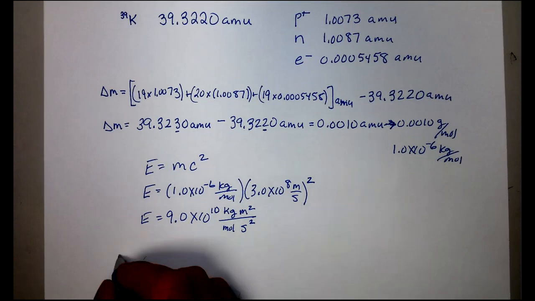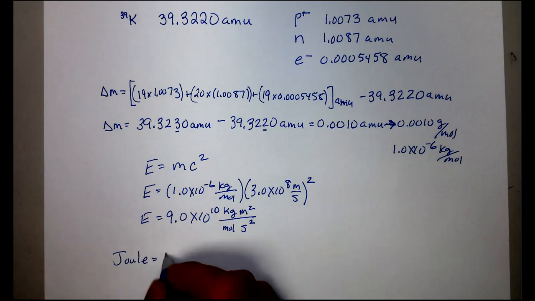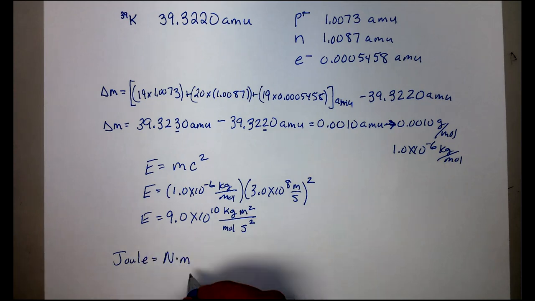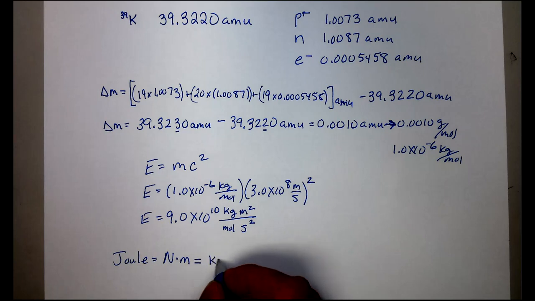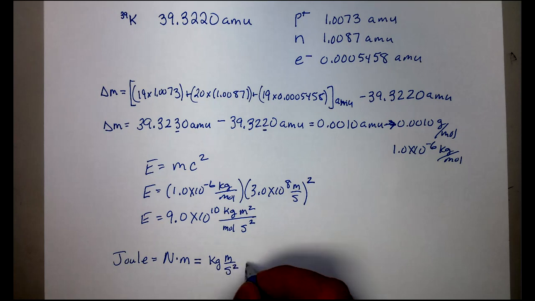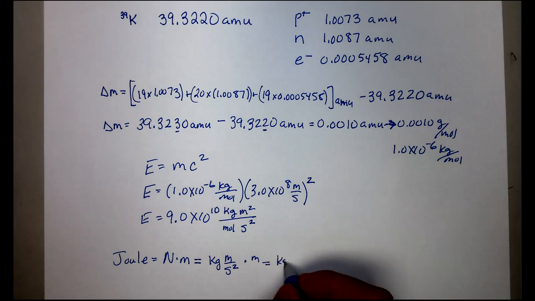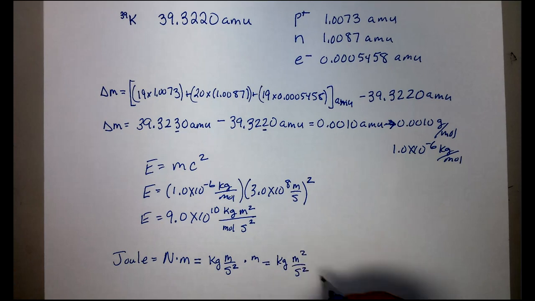Now, a joule of energy is a Newton times a meter, where a Newton's a unit of force. That Newton breaks apart as a kilogram accelerated with an acceleration of a meter per second squared, times a meter. And so the joule would have units of kilograms meters squared per second squared.